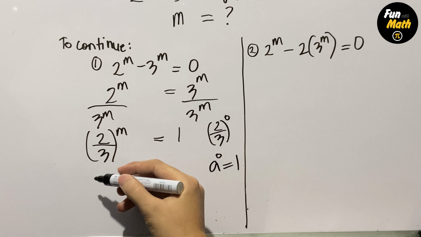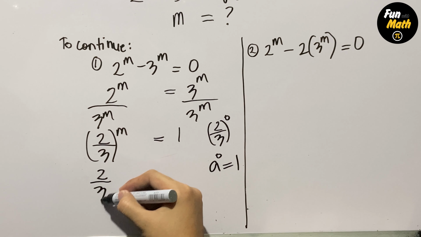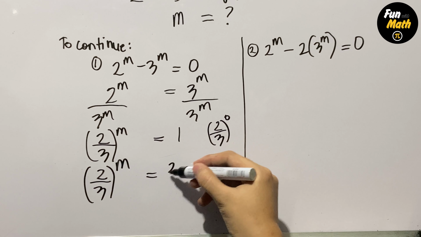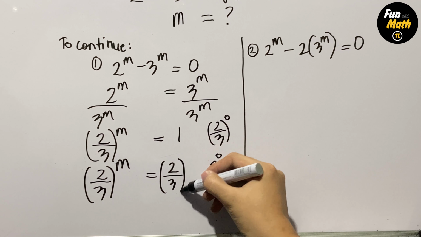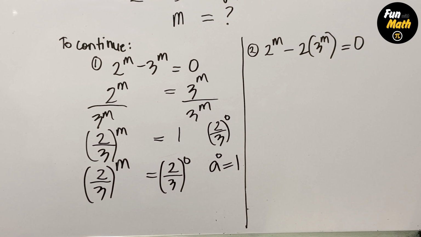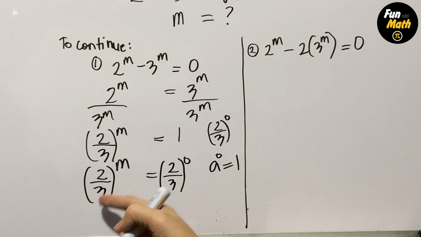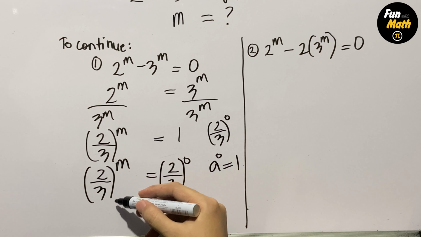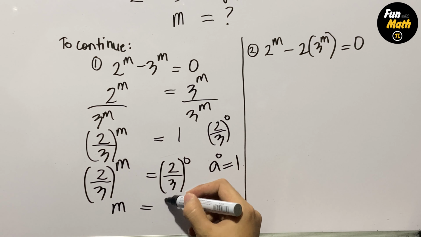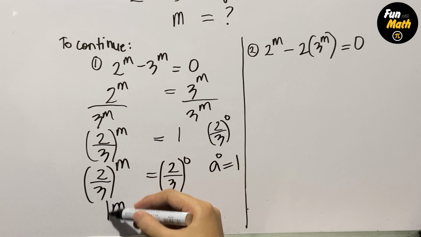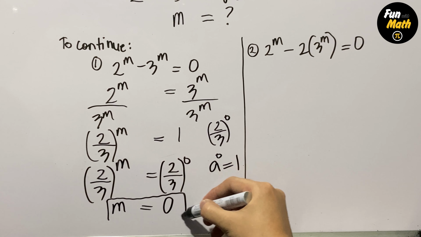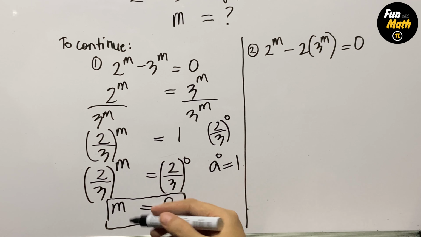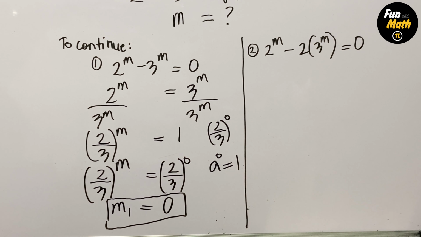So for this, that is (2 over 3) whole to the power of m is equal to (2 over 3) whole to the power of 0. Now they have the same base. That means we can equate the power, and that is m is equal to 0. So this is the first value of m, equals 0. You can write it as m sub 1.